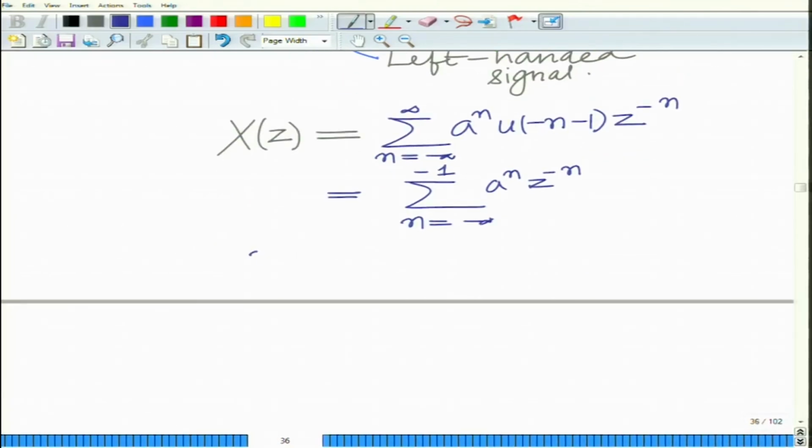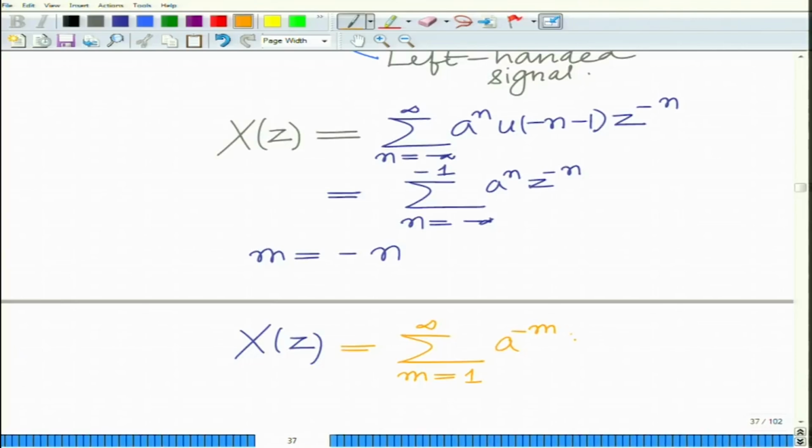Now, set m equals minus n, change the index, then the z transform X(z) becomes, as n goes from minus infinity to minus 1, m goes from 1 to infinity, n equals minus m.